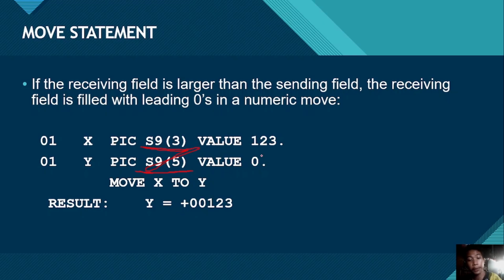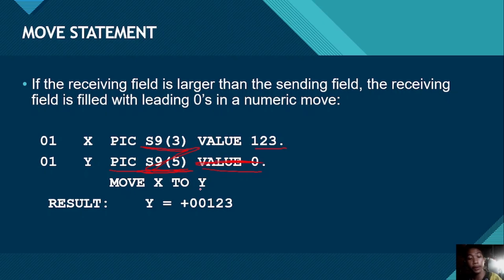Our example, value 123, we will copy to S9 5. Actually, having a value of 0 is unnecessary to have that statement here, since when we initialize this one, it already has the value of S9, the 5 zeros already. So this is not necessary anymore.